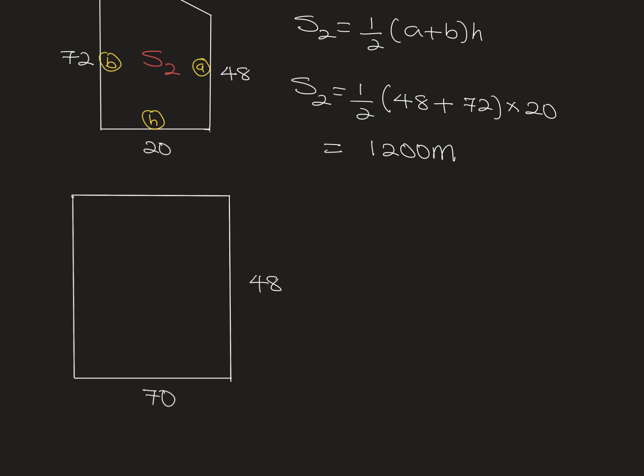We have 48 here. That is S3, and S3 is a rectangle. The area of a rectangle is length times the height. So that will be 70 times 48, and 70 times 48 is 3,360 meters.